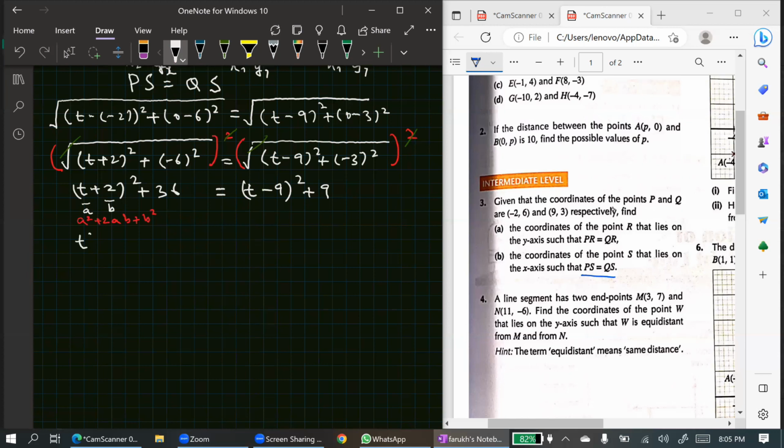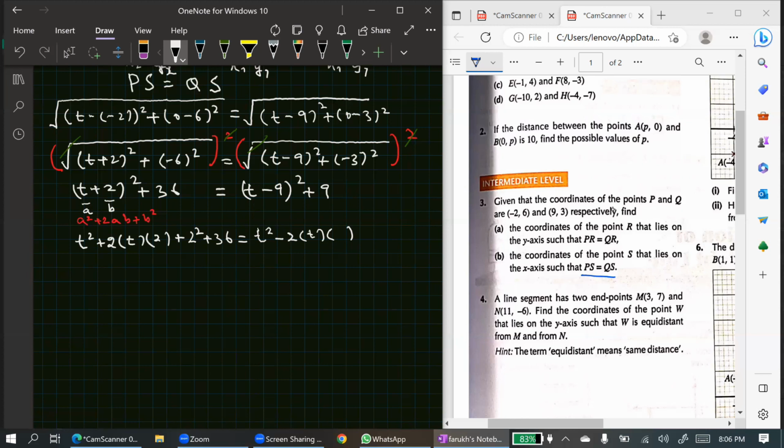t square plus 2 into t into 2 plus 2 square, plus 36 is equal to... Open the expression t minus 9 whole square with the help of the formula. t square minus 2 into t into 9, plus 9 square.